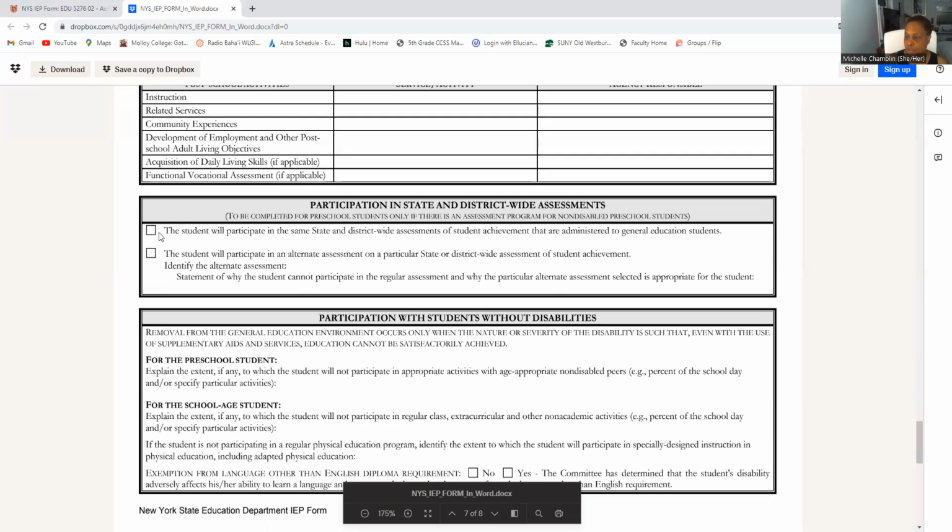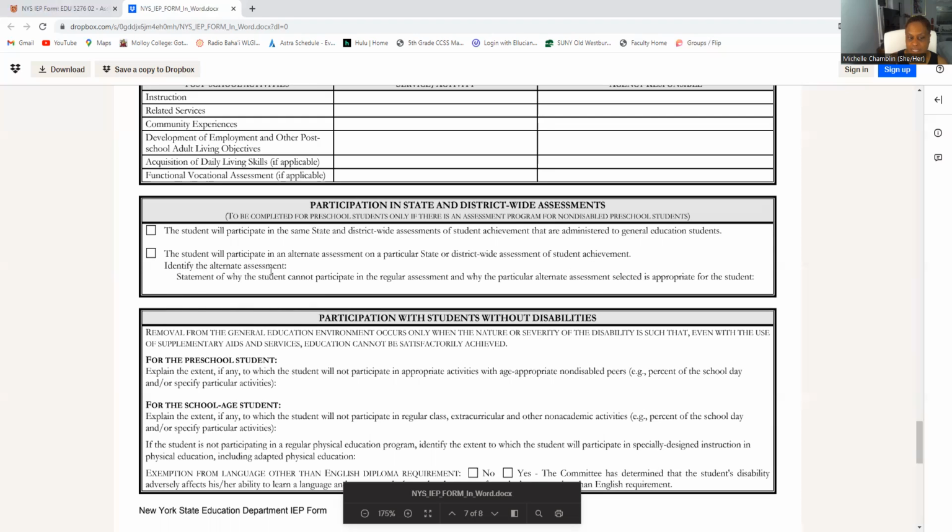So if the student is not alternate assessment and the student is going to receive a high school diploma, that's the goal, then the student would participate in the same assessments in New York State. So we're just going to focus on New York State for now. Or we have the other option. The student will participate in an alternate assessment on a particular state or district-wide assessment of student achievement, and then identify the alternate assessment.